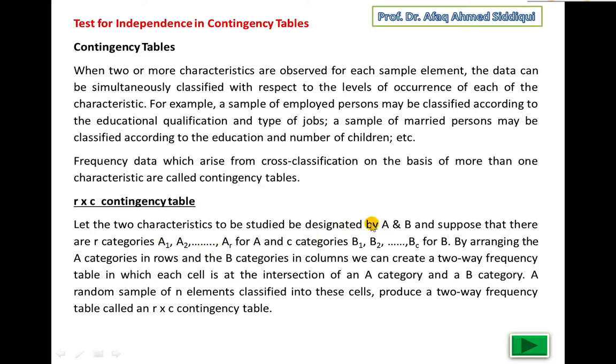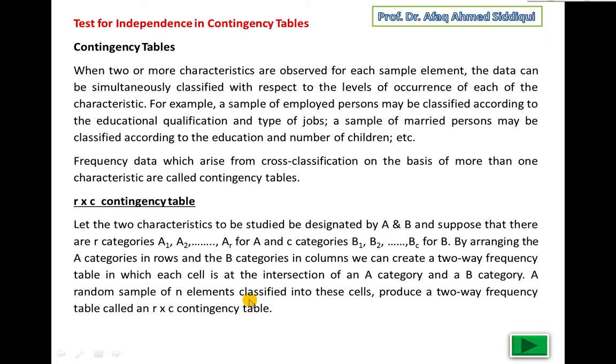These are the subgroups of A. And C categories B1, B2 up to BC for B; these are the subgroups of B. By arranging the A categories in rows and the B categories in columns, we can create a two-way frequency table. Because there are two characteristics, the table is called a two-way frequency table. So a contingency table is also called a two-way frequency table, in which each cell is at the intersection of an A category and a B category.